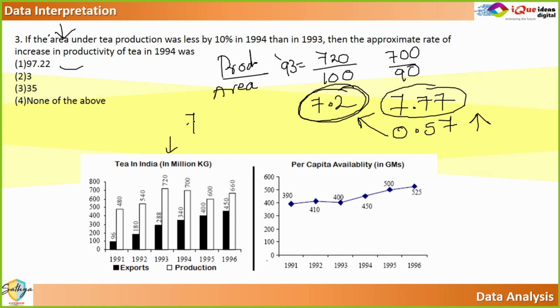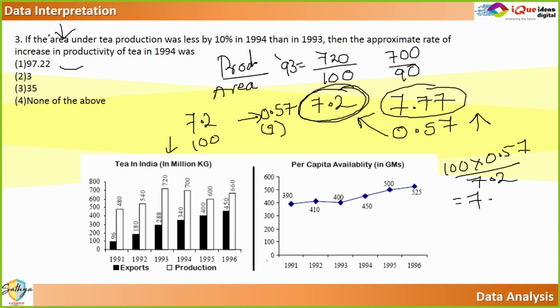So in 7.2, if the increase is 0.57, then for 100 percentage, what will be the answer? So 100 multiplied by 0.57 divided by 7.2, right? So that is 57 divided by 7.2, and roughly the answer is 7.9, and that is none of the given options. So 7.9 is the increase in productivity, which is none of the given options.